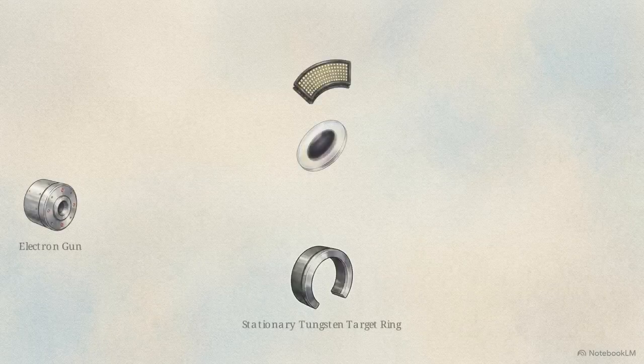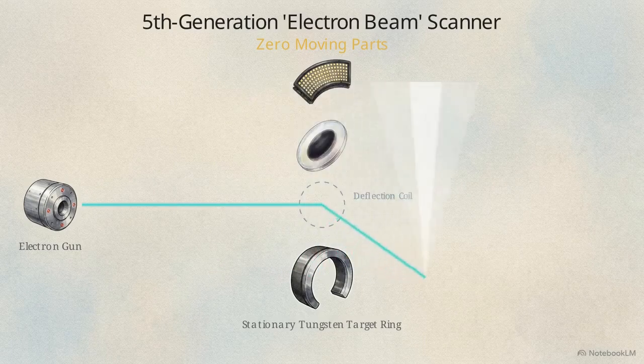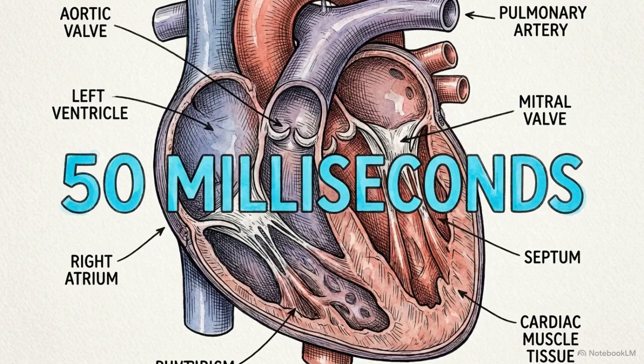For the absolute limits of speed, this diagram shows the fifth-generation electron beam scanner. Designed specifically for cardiac imaging, it contains 0 moving parts. Instead, an electromagnetic field rapidly deflects a beam of electrons across a static tungsten target ring situated beneath the patient. By replacing mechanical rotation with electromagnetic sweeping, these specialized scanners capture images in an astonishing 50 to 250 milliseconds.